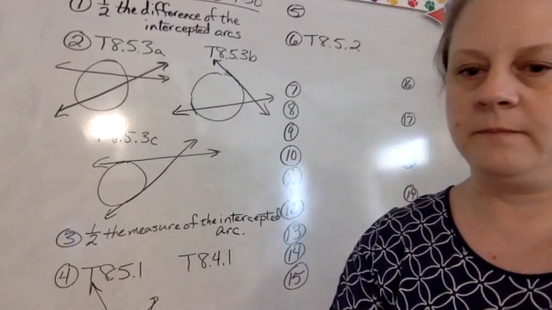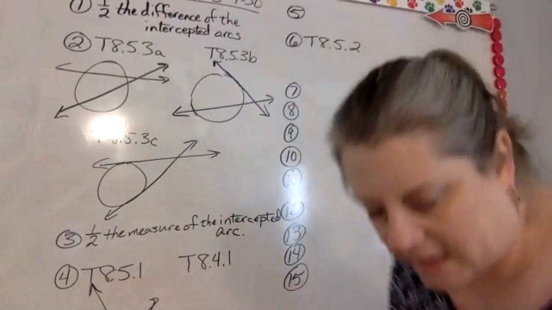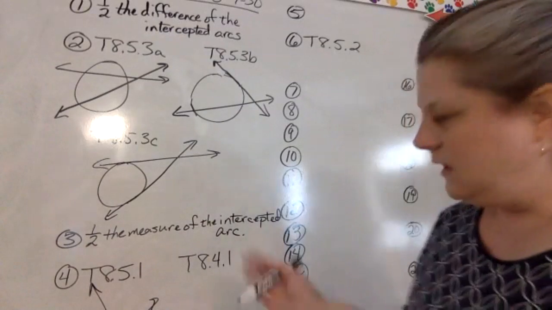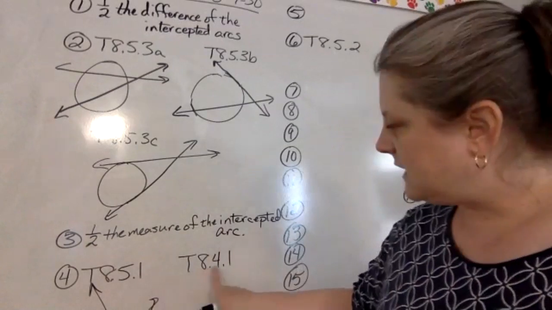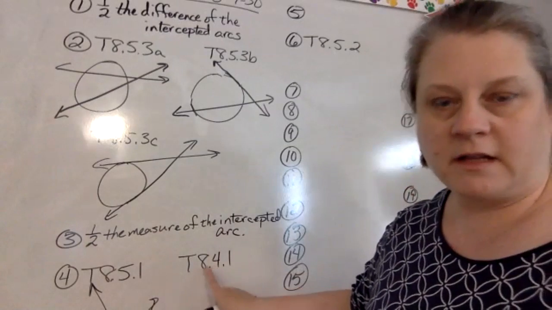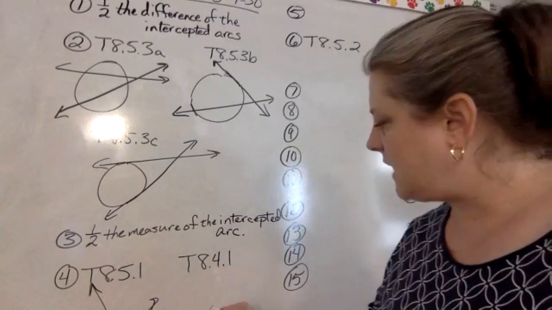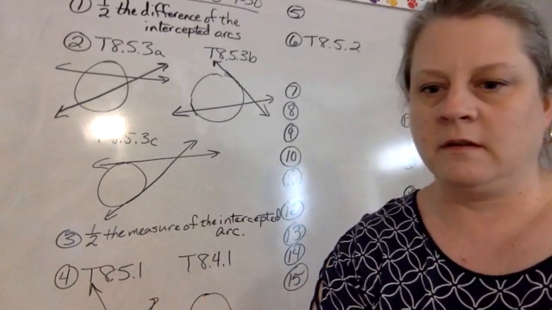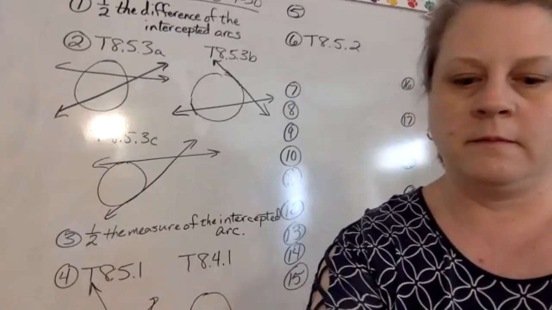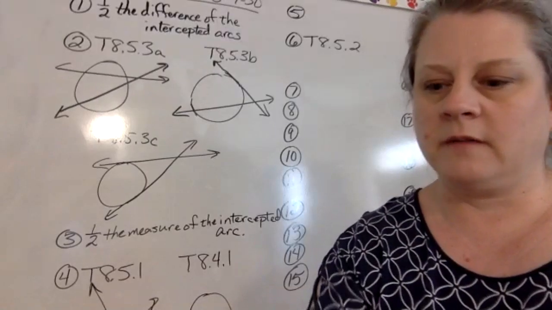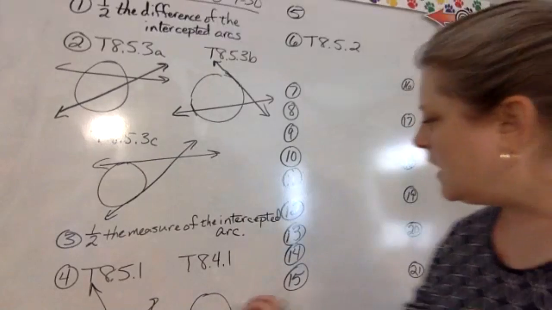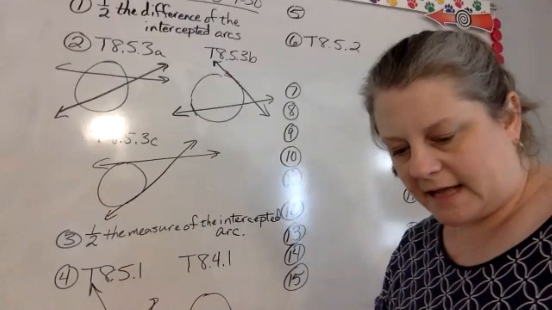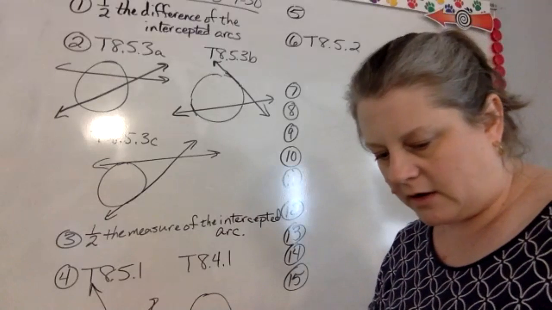Okay, everybody got that? And then the second one is the one that we just talked about yesterday. Notice it says 8.4 instead of 8.5. That tells you it was in section 8.4 that we did yesterday. You have your secant. And then you have the two lines that intersect inside the circle, or actually on the circle.